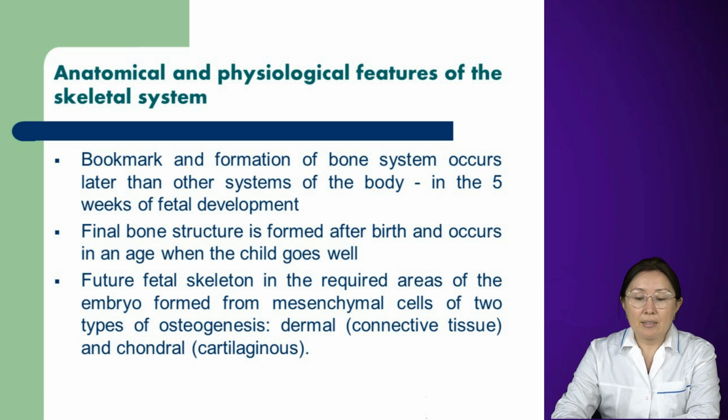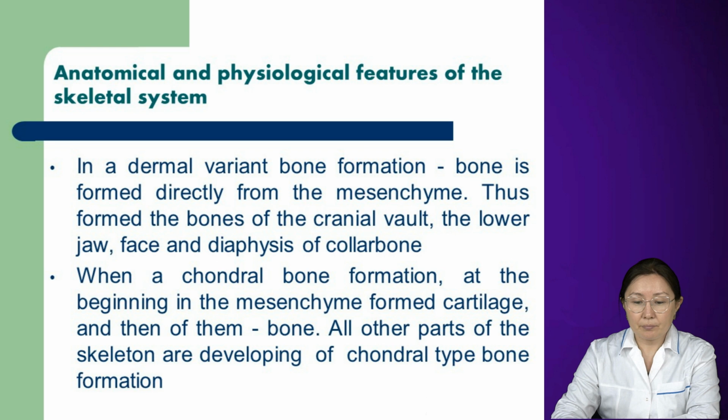The future fetal skeleton in the required areas of the embryo is formed from mesenchymal cells by 2 types of osteogenesis: dermal, connective tissue, and chondral, cartilaginous. In a dermal variant of bone formation, bone is formed directly from the mesenchyme.